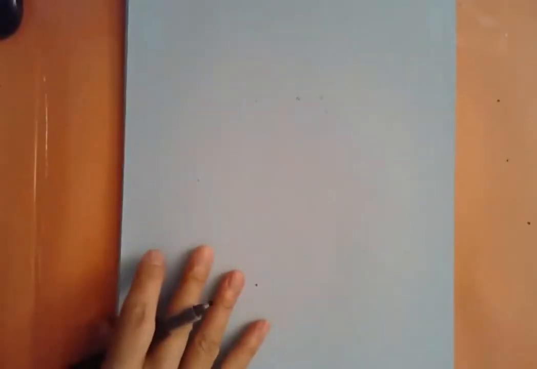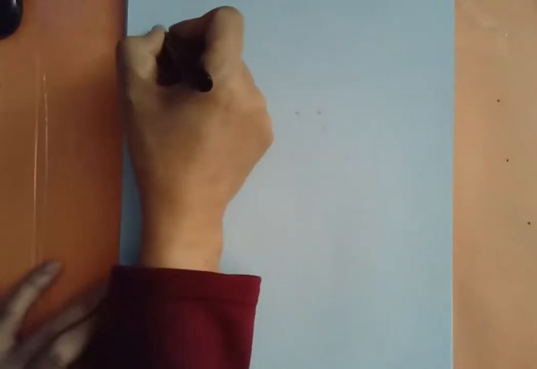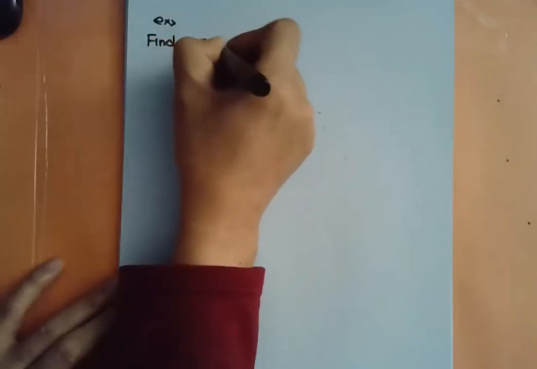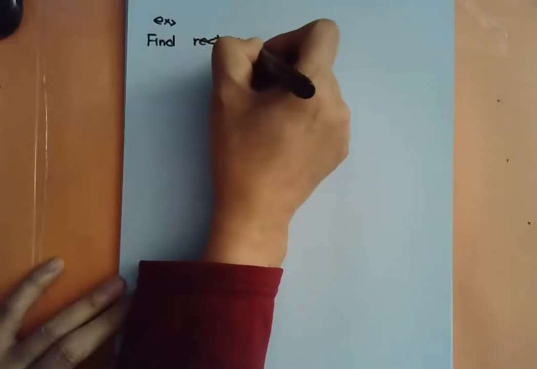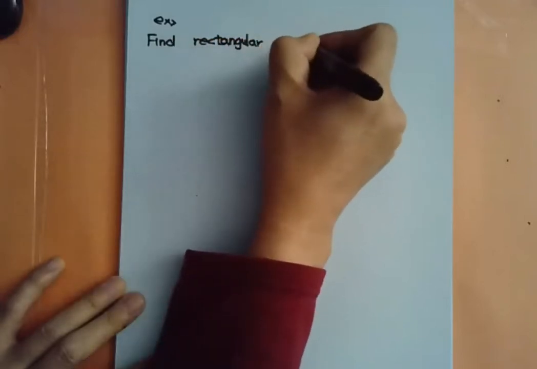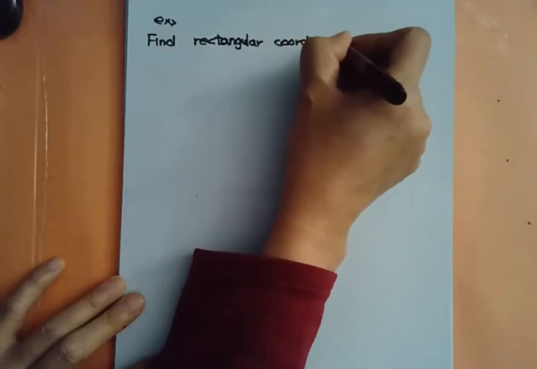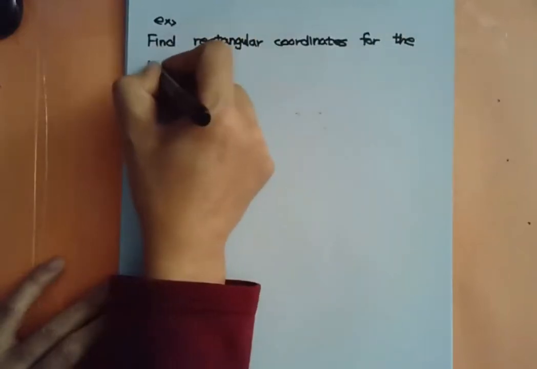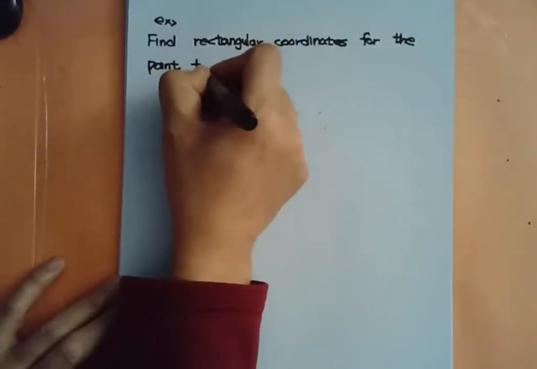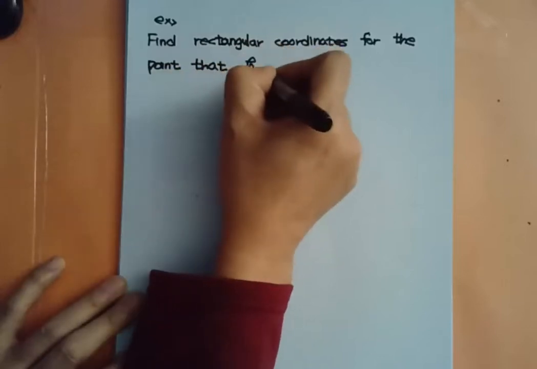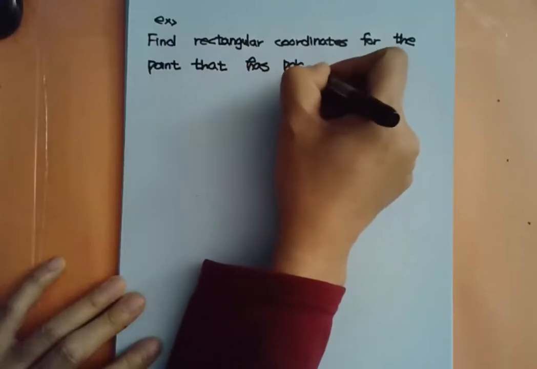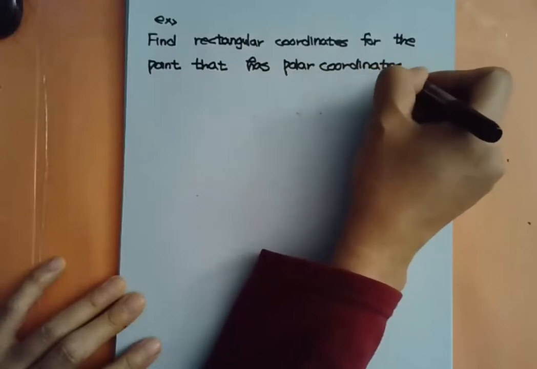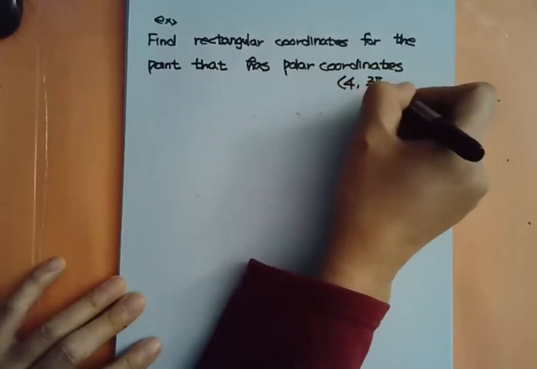So let's do just one more question. The next question is find rectangular coordinate for the point that has polar coordinates of 4 and 2 pi over 3.